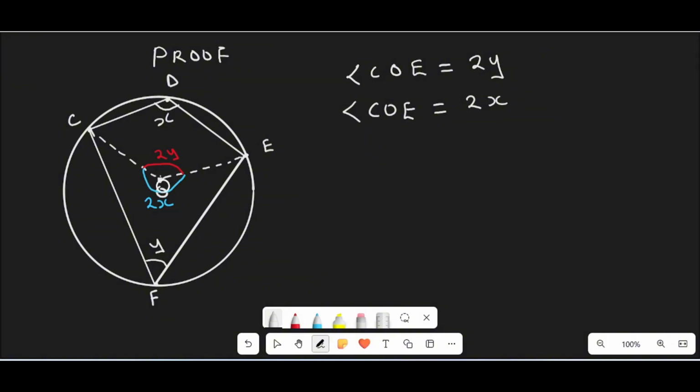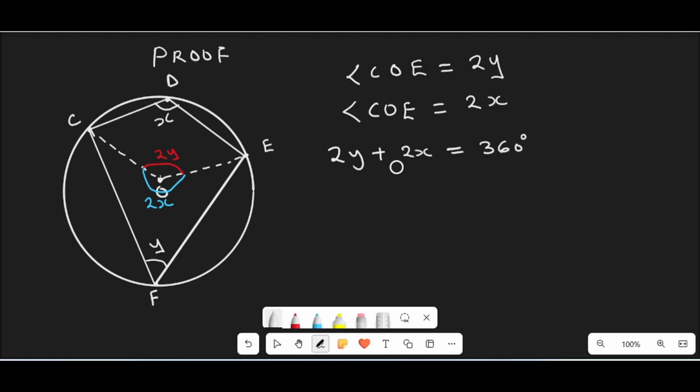Angles around a point add up to 360 degrees. So we can say 2y plus 2x is equal to 360 degrees.